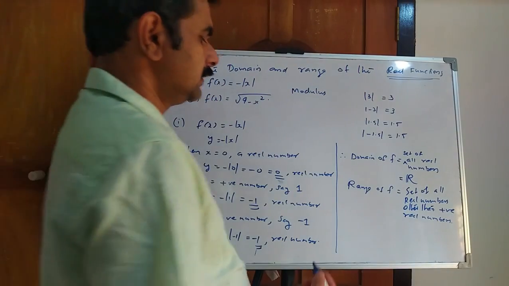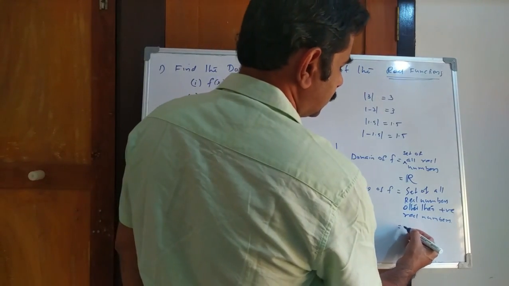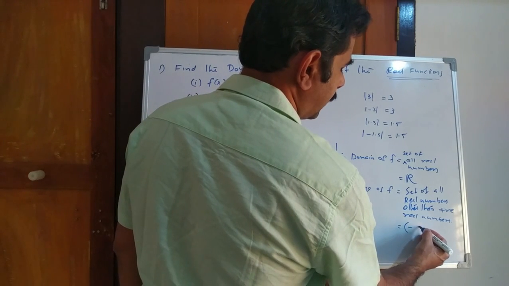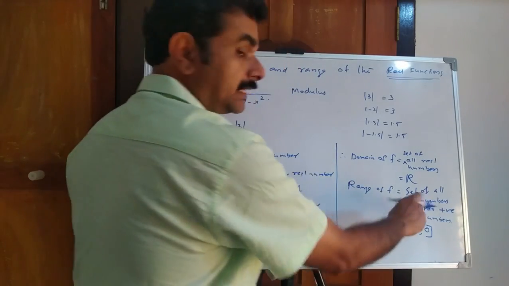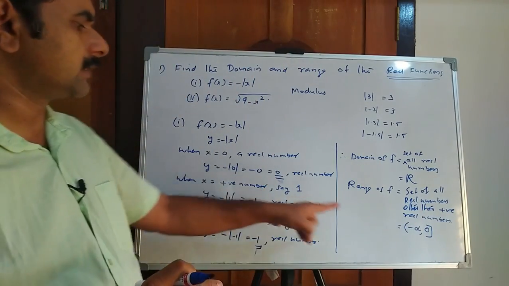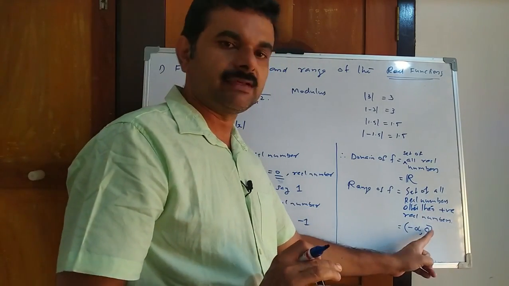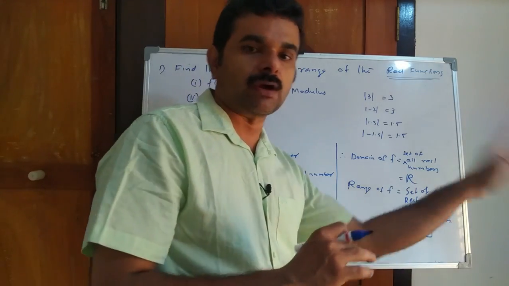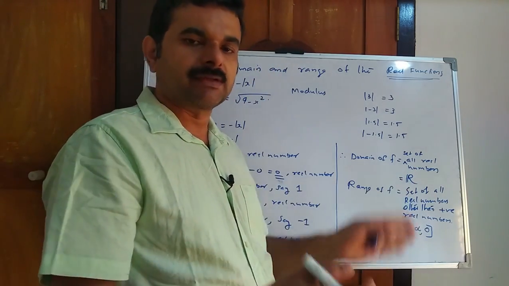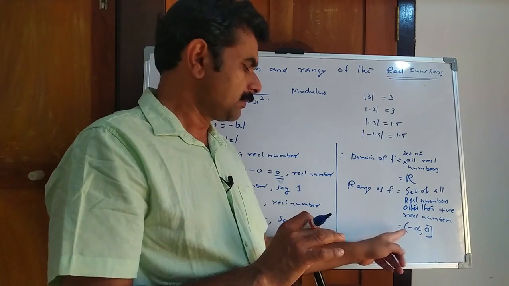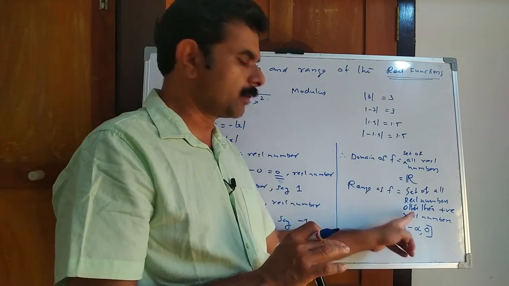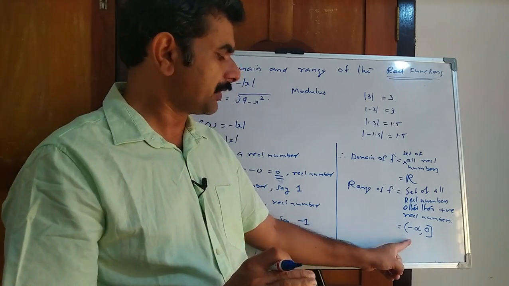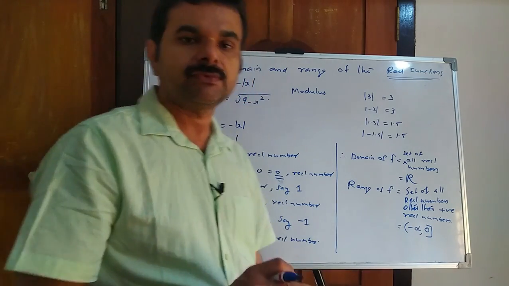This can be written as from minus infinity to 0. 0 is included. All positive numbers are excluded. Positive numbers are not available here. Since minus infinity is unbounded, we use an open bracket there. So minus infinity to 0 is the range of f.